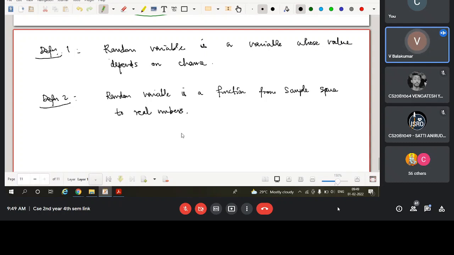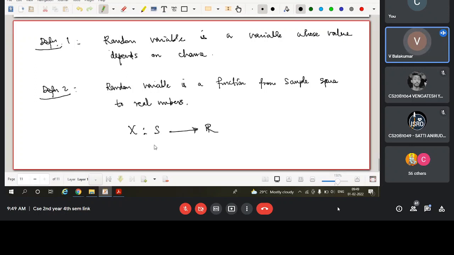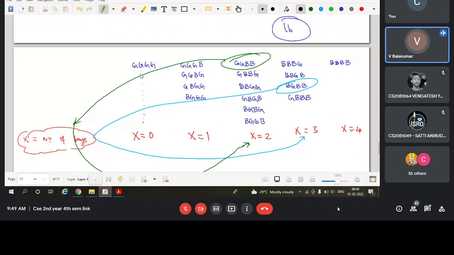We are going to assign, usually positive numbers, so I will be writing X from here to there. Look at our example. This has 16 elements. To each element, we are going to give numbers.